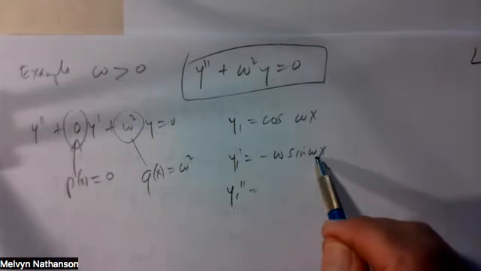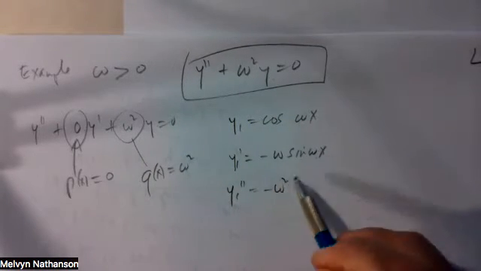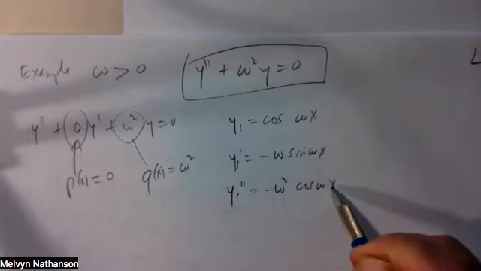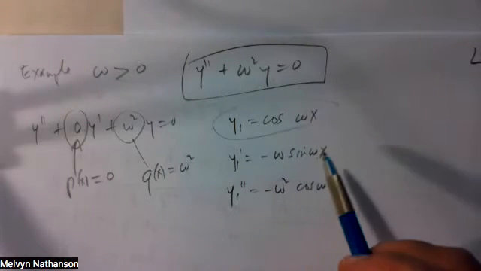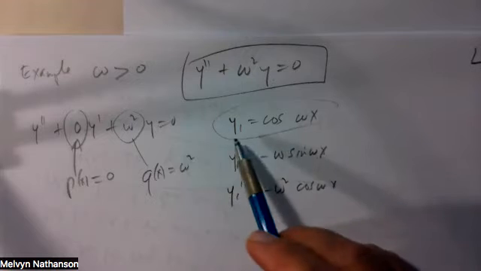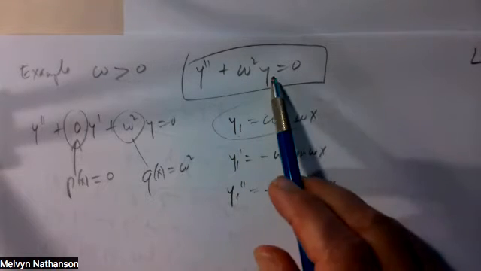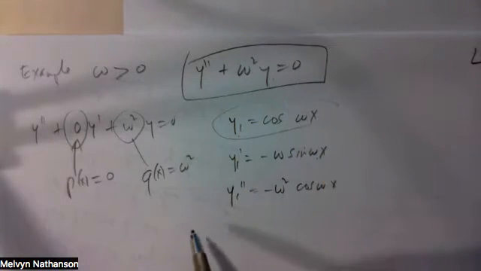And if you differentiate this a second time, you get another factor of omega, you get minus omega squared cosine omega x. And if you take y1 and multiply it by omega squared, what do you get?